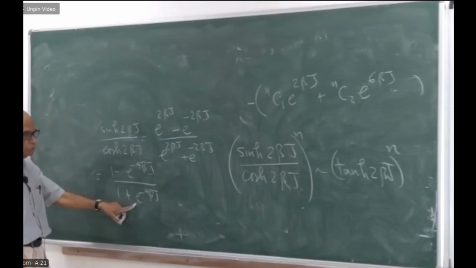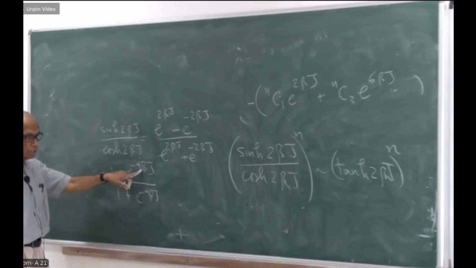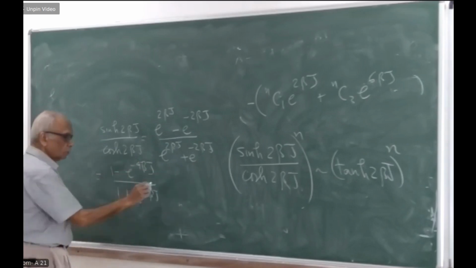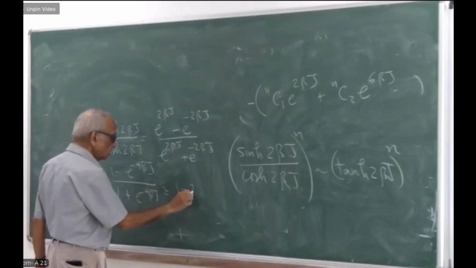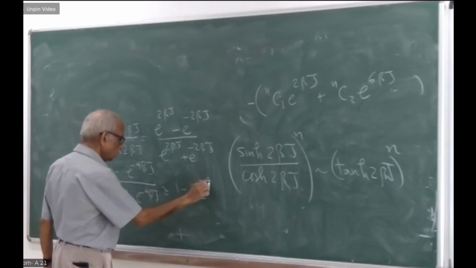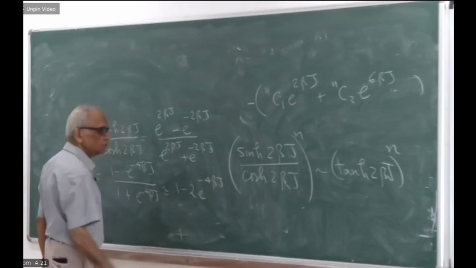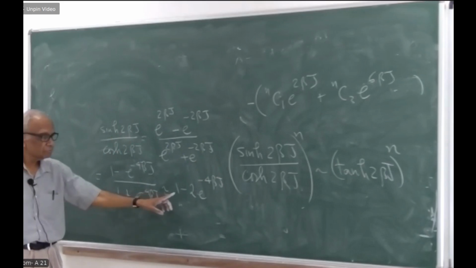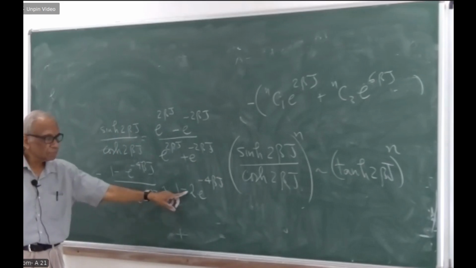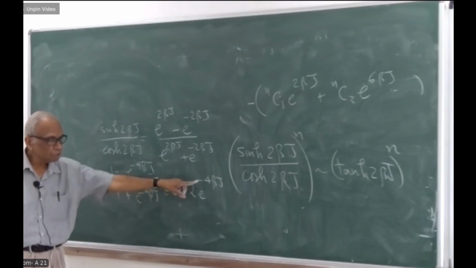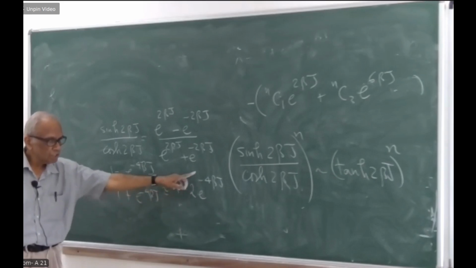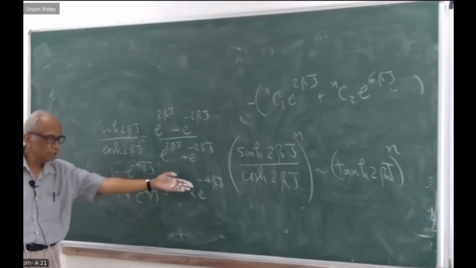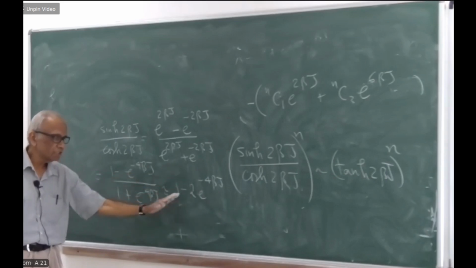This is small, beta is large, so these are small. So this is very nearly 1 minus 2 e to the power minus 4 beta j. So that's the correlation function. As beta becomes large, t going to 0, this vanishes and it becomes 1.